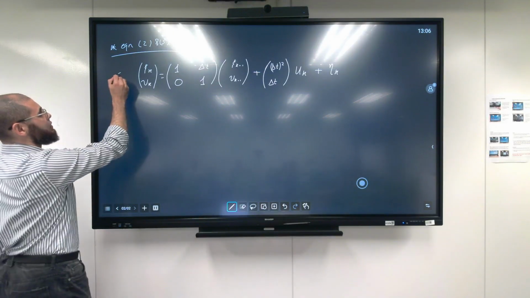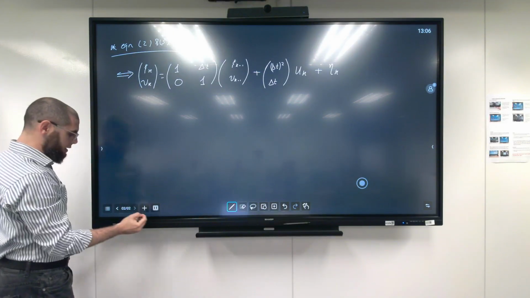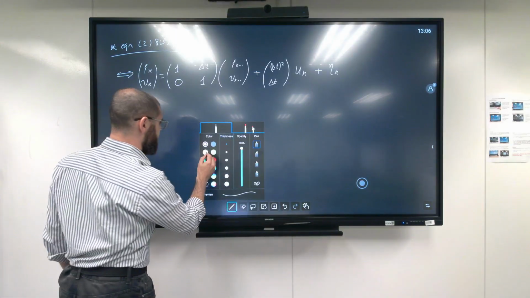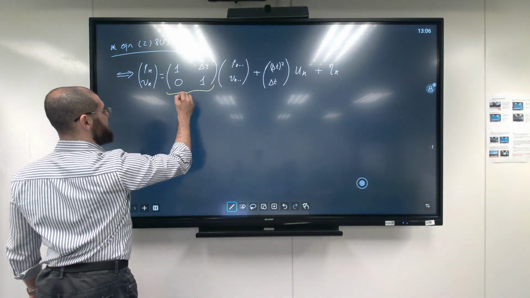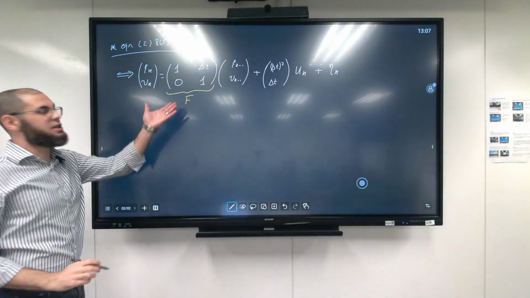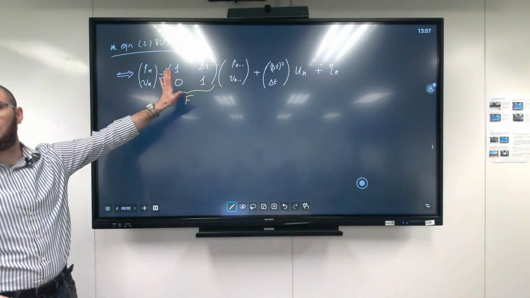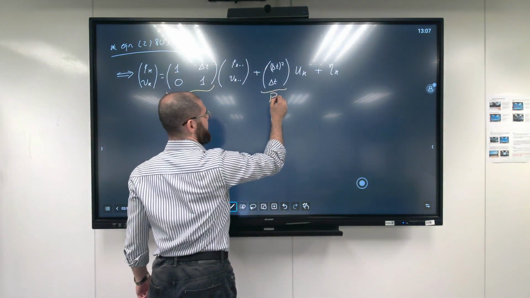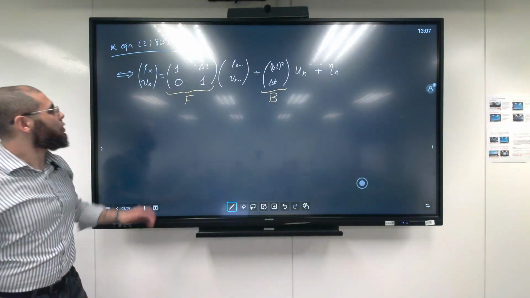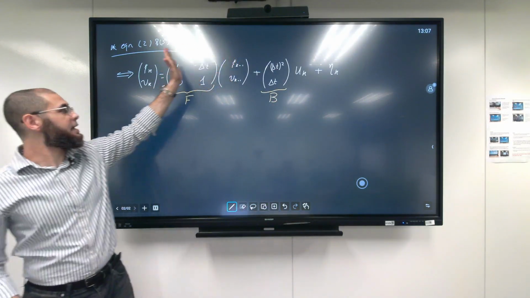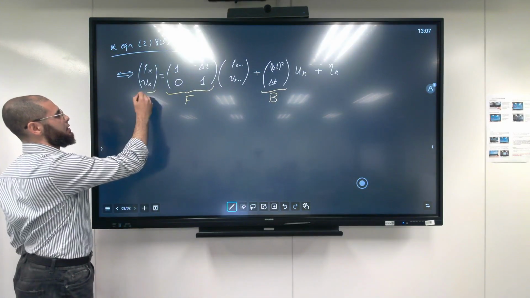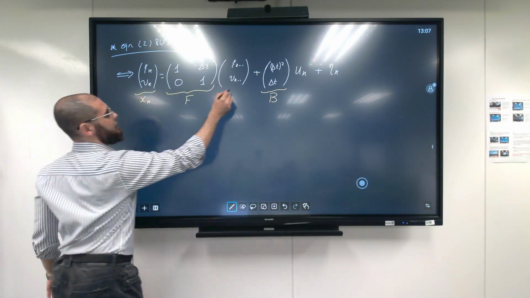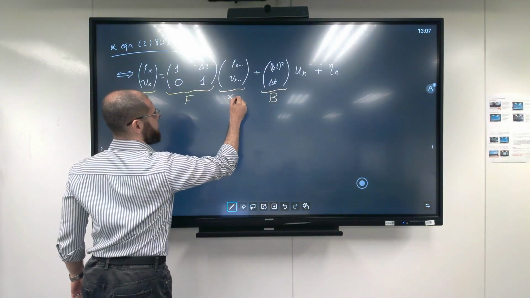So this was the state transition model. And you see what's inside of this term. All of this matrix, this is simply F. And you see it does not depend on k at all. So it's just a constant matrix F. And this is another constant matrix B. So this is F multiplied by the previous state equal to the current state. So this is xk, and this is xk minus 1.